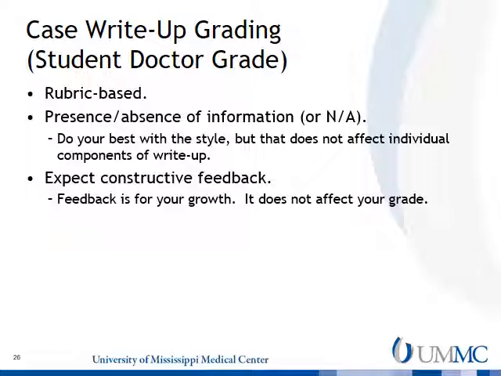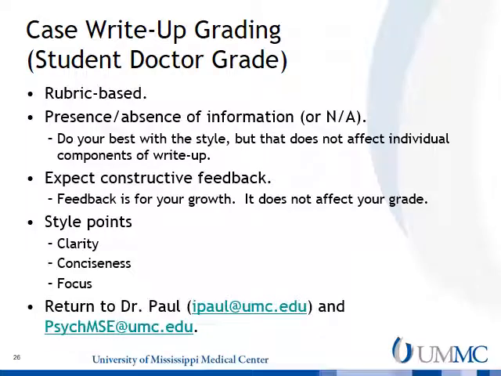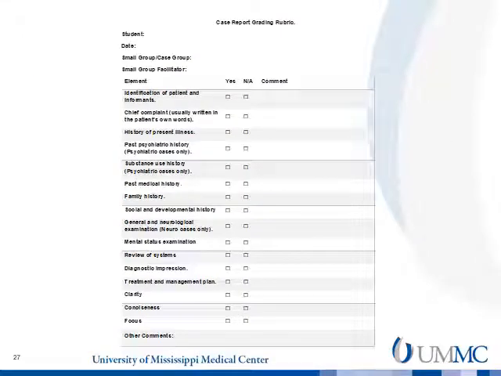Those don't affect your grade, but I'll include them to help you develop your skills. Overall style, based on clarity, conciseness, and focus, is graded separately from the individual components. When you're ready to turn it in, email copies to both me and to the Psych MSE email address. Here's an example of the grading rubric.